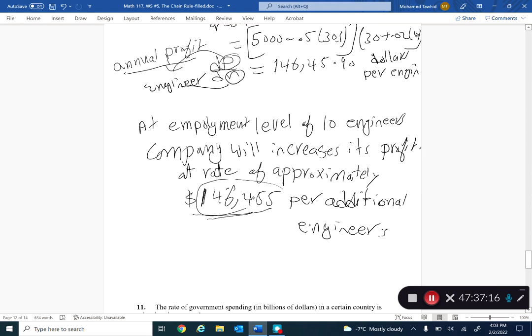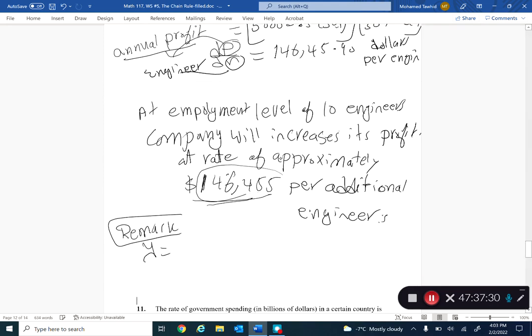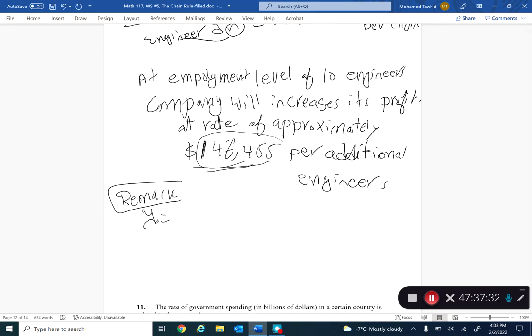So this one is similar to when you have y equal, as a remark here, so that we can understand how I got this conclusion or explanation. If you recall, guys, first I gave you two examples. y equals 2x plus 1. That is y equals mx plus little b.